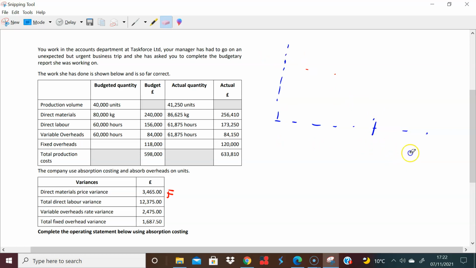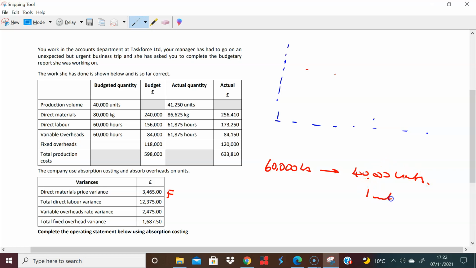Right. So what do we have here? It says here that in terms of labor hours, you believe that you will need 60,000 hours to make 40,000 units. That's the plan.